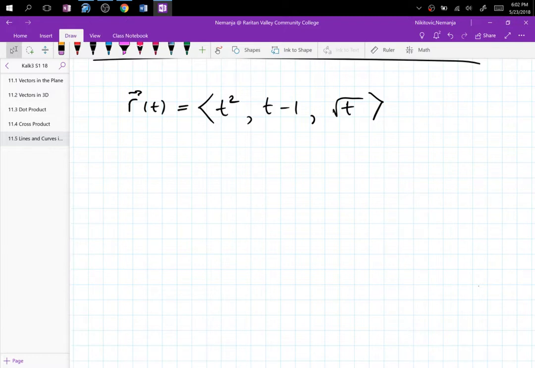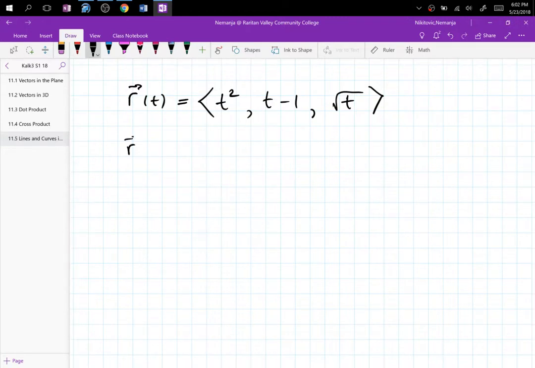Now, what do you guys need to understand? You need to understand that for every timestamp, at t equals 0, you get a vector. So if I'm calculating r at time 0, the vector is (0, -1, 0).